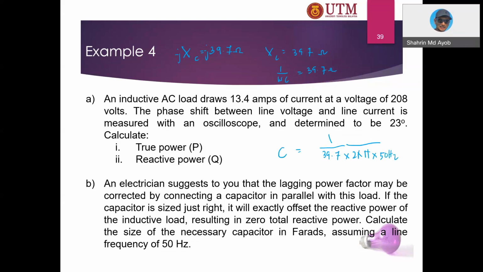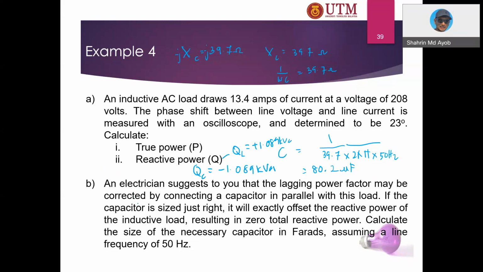This will give me around 80.2 microfarad. So you need to install a capacitor with a value of 80.2 microfarad to get your QC equal to negative 1.089 kVAR, because you want to compensate the inductor's positive Q of 1.089 kilovar.